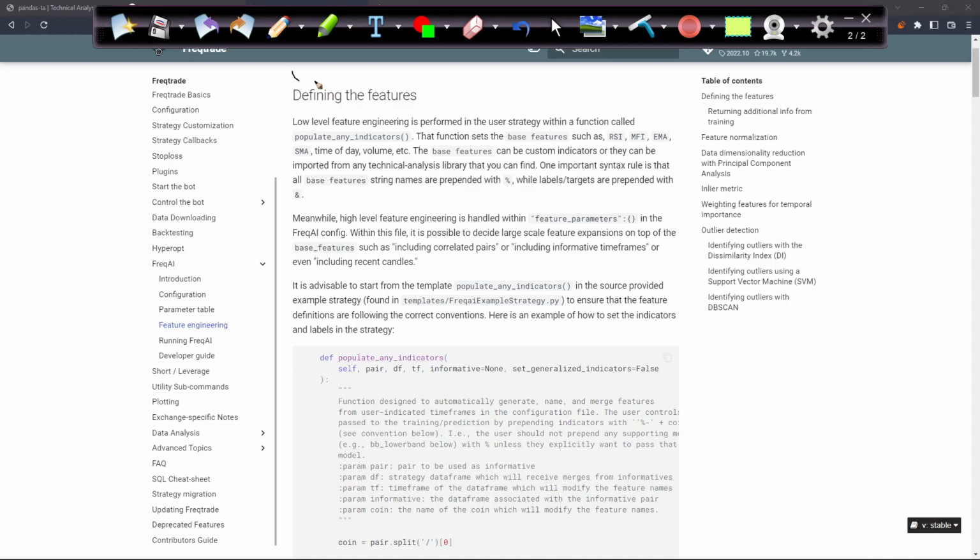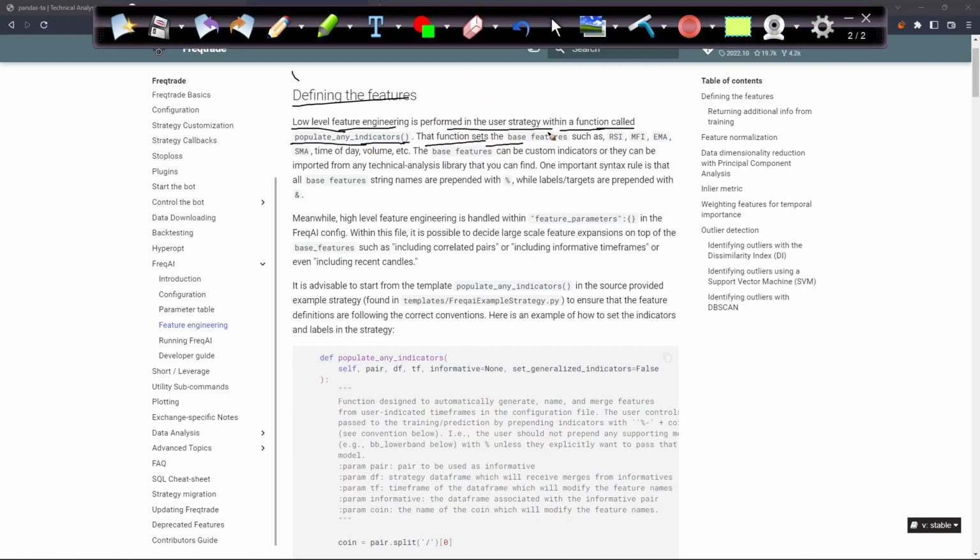So let's just read it for a moment, and then we can move on to the main topic of the video, which is feature engineering. Defining the features. Low level feature engineering is performed in the user strategy within the function called populate any indicators.